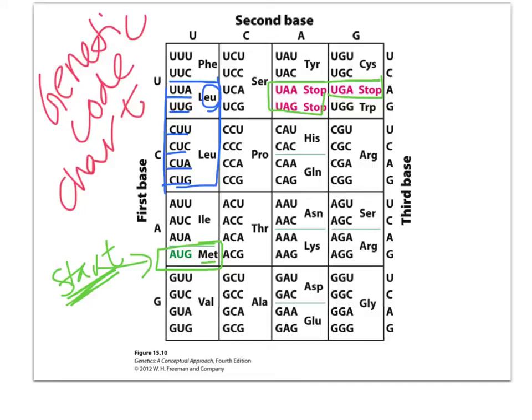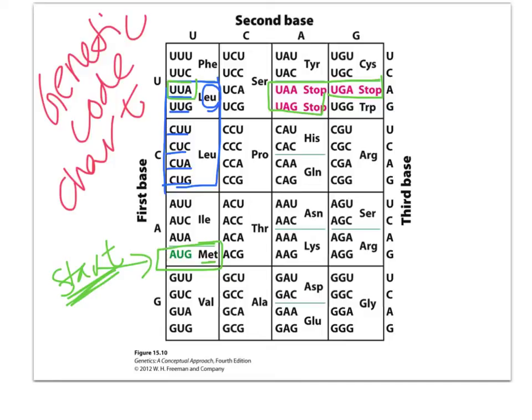Is 6 more than 1? Yes, it is. Woohoo! But what about each individual codon? Check the chart. Do you see UUA any place else on this chart coding for anything other than leucine? Keep looking. Do you see it? I don't see it.